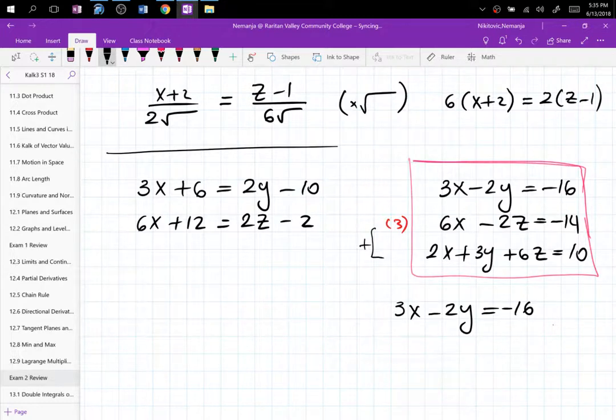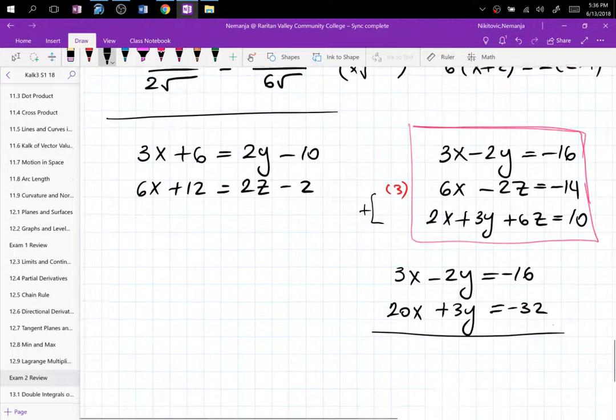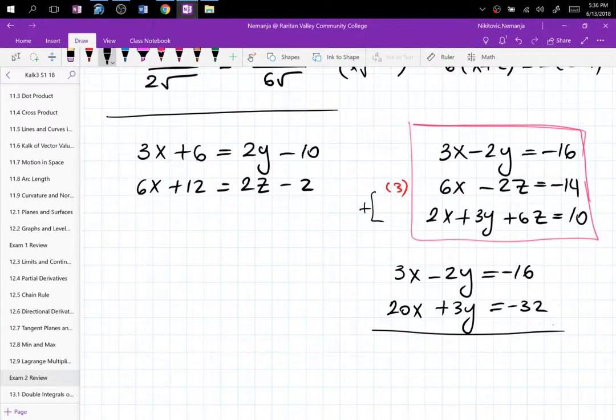So 18x plus 3y, z's are dying, and then we have negative 42, then negative 32, and then 10 minus 10. Good. All right. So now we have this thing to solve. Multiply the top equation by 3, the bottom equation by 2. That will kill y's.